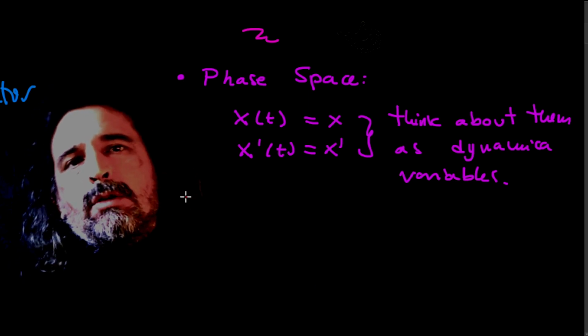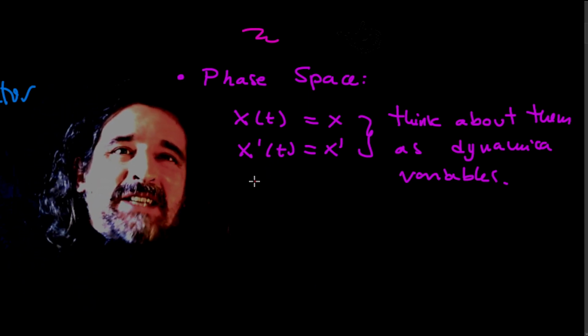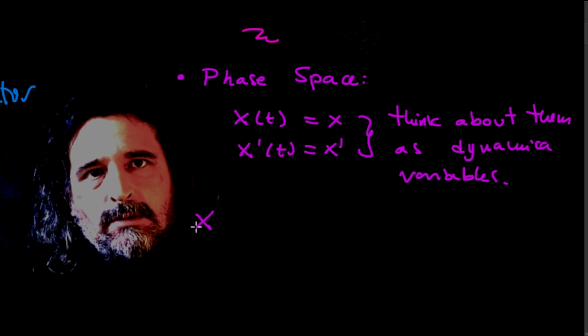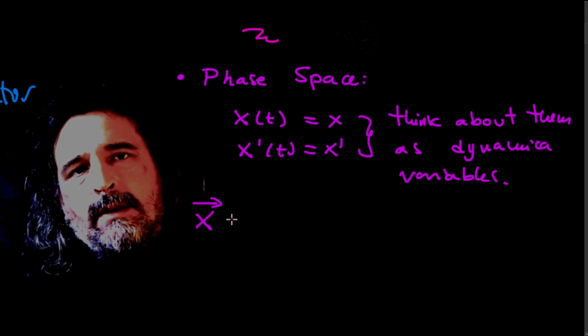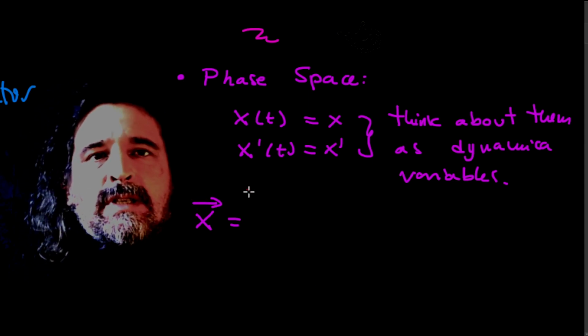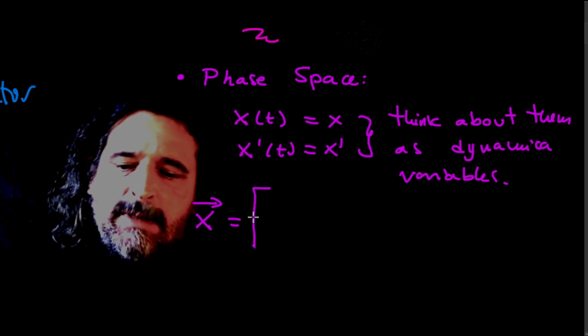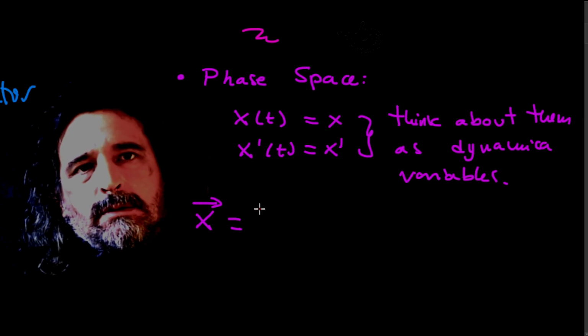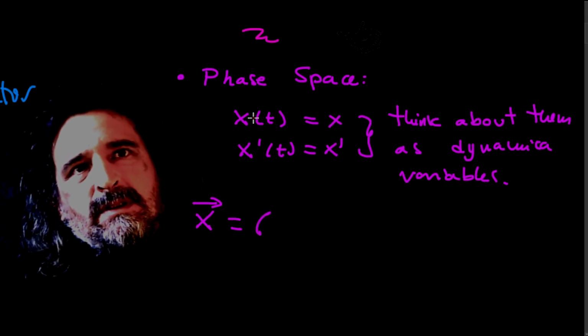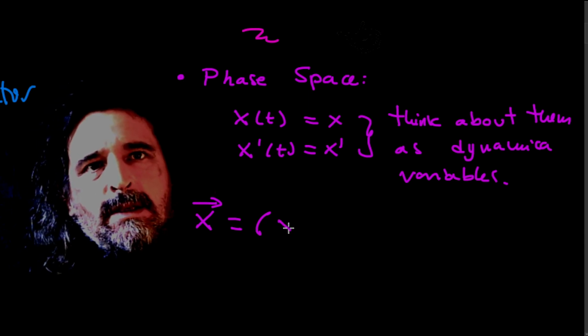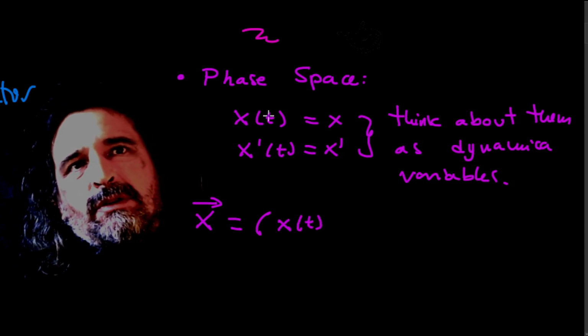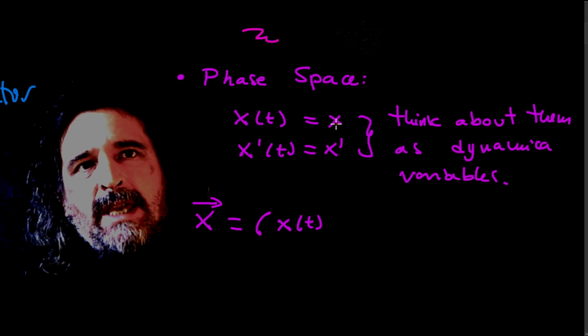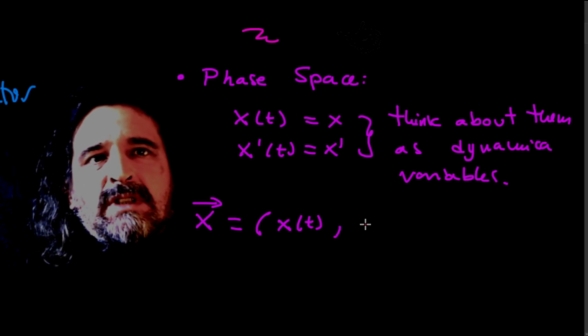And you are gonna be looking at some vector. I'm gonna define a vector. I'm gonna call it x like this. I'm gonna make a row vector, a point in a space. The x component of that point will be x, and the y component of that point is gonna be x prime.